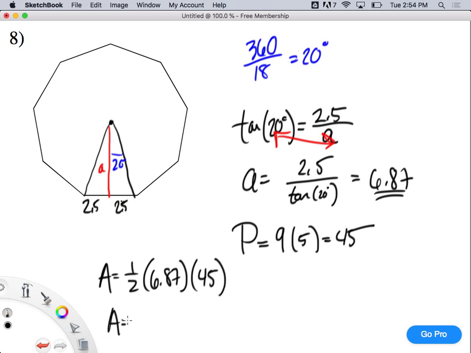We get the area is 154.575, or just 154.6. Wait, how come we have a 9, not a half anymore? To find the perimeter, you multiply the number of sides by the length of each side. The length of each side is 5 multiplied by 9.